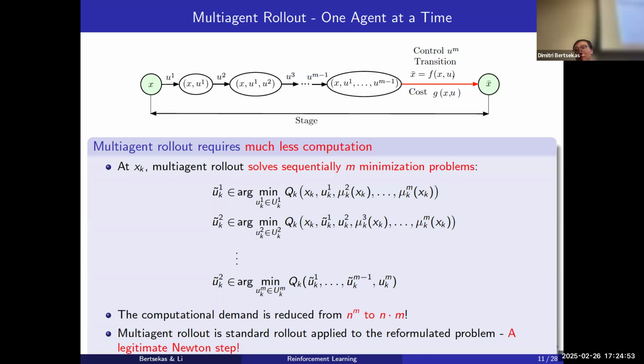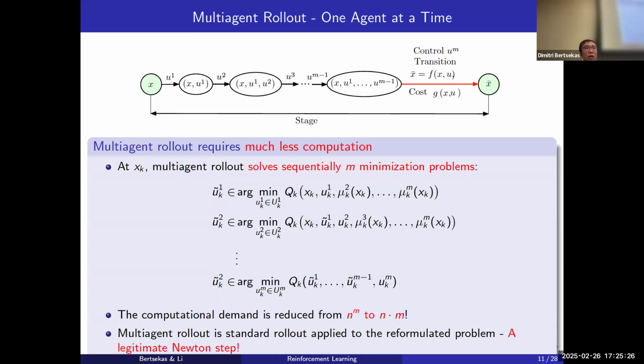Is there any example on which you can show that standard rollout works well and multi-agent rollout doesn't work? Or maybe it goes to a suboptimal solution, while standard rollout goes to optimal. I guess you can come up with some cooked example with a particular order that is going to mess up, as I will show in the second half of the lecture.